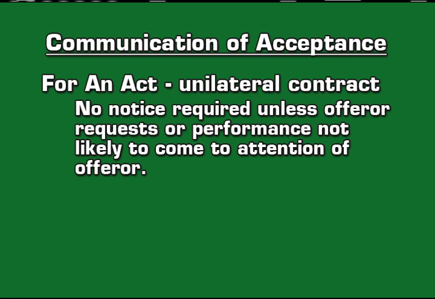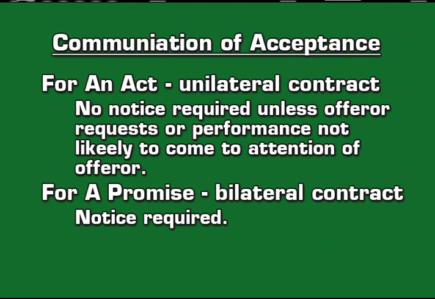So as a general rule, where the acceptance is by performance of an act, a unilateral contract, no notification of acceptance is necessary unless the offeror requests it, or where it's unlikely the offeror is going to know that the offeree is doing the act. With respect to bilateral contracts, a promise for a promise, notice of acceptance is in fact required. Generally, the offeree must notify the offeror of the acceptance.